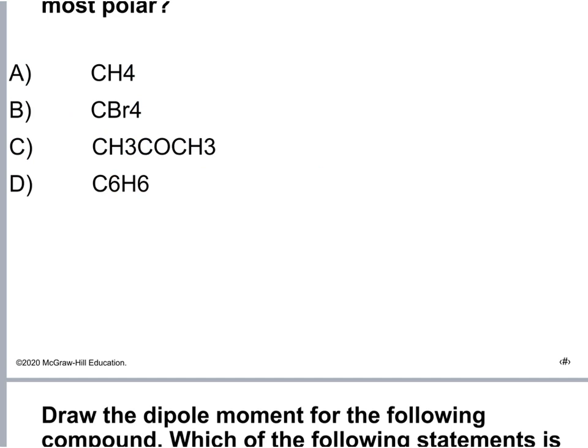Okay, so this one once again kind of got cut off, so I will see what the question says. Which of the following would be the most polar? So you draw the Lewis structures out, and you'll see that this is nonpolar. It's an alkane, and it has symmetry.